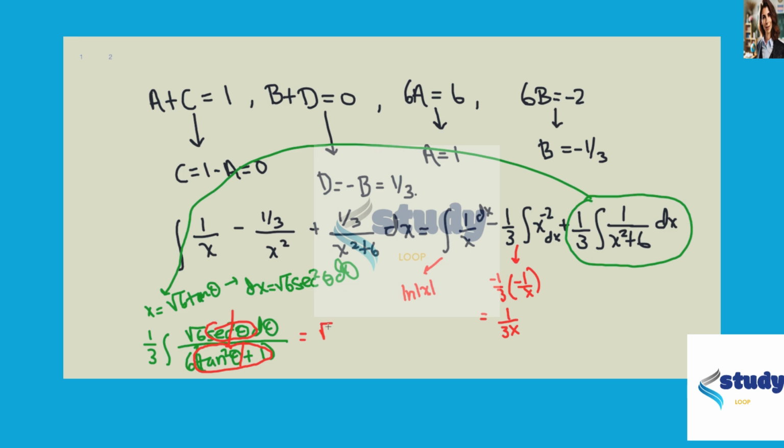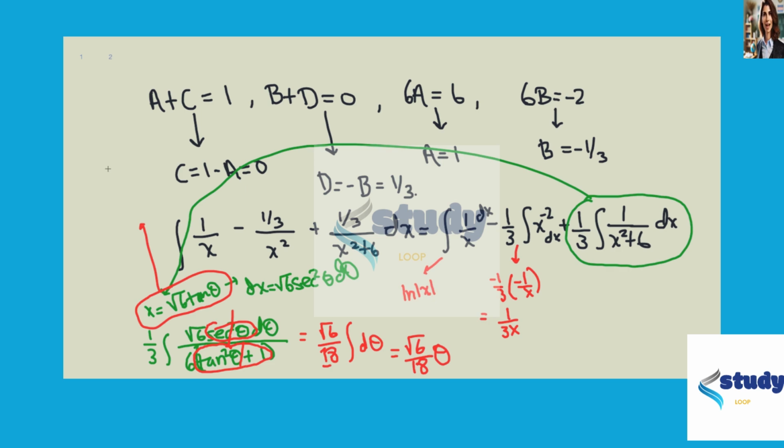We get √6 over 18. That's the 3 times the 6 in the bottom. Integral d theta. So that's √6 over 18 of theta. And then we can solve for theta by taking our trig sub and solving that for theta.